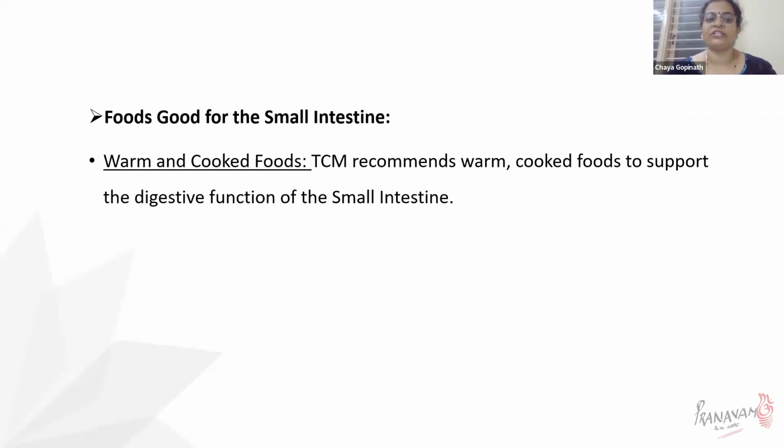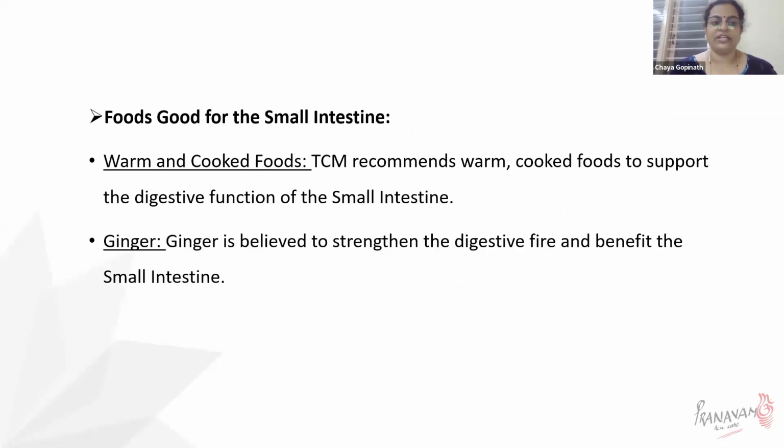So what foods are good for the small intestine? Warm and cooked foods, easily digestible foods are good for your small intestine. Ginger, again, I told you it is pungent, a spice, and it is going to help in dispersing or movement of chi.